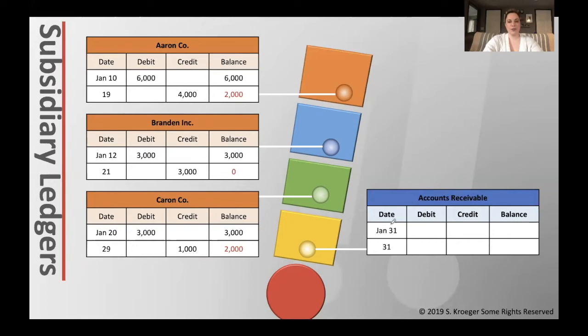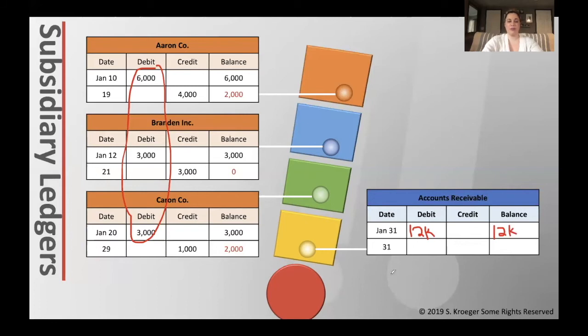First thing you want to do besides putting in the dates is add up all the debits of all of our accounts, and we're just going to make one entry. 6,000 plus 3,000 plus 3,000, and you add that up, that's 12,000. So we're going to make one entry into the debit spot of 12,000, and then update the balance as 12,000. This is assuming there was nothing prior.